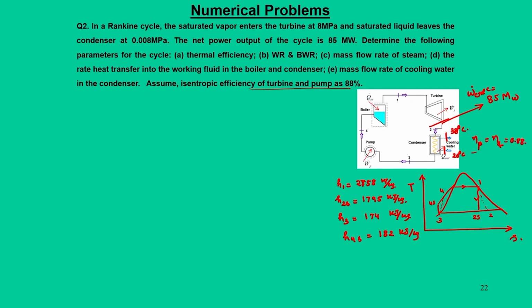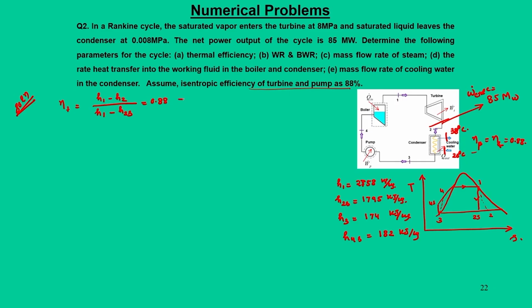Now, with this information, if you try to solve, first we have to use these expressions. Turbine efficiency is H1 minus H2 divided by H1 minus H2s, and this number is 0.88.